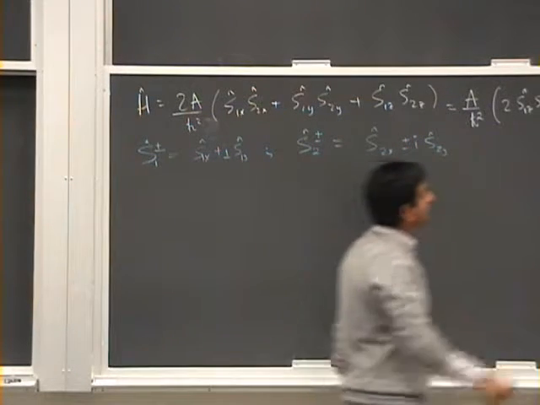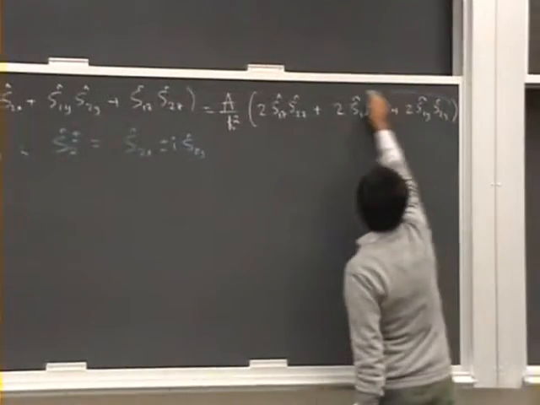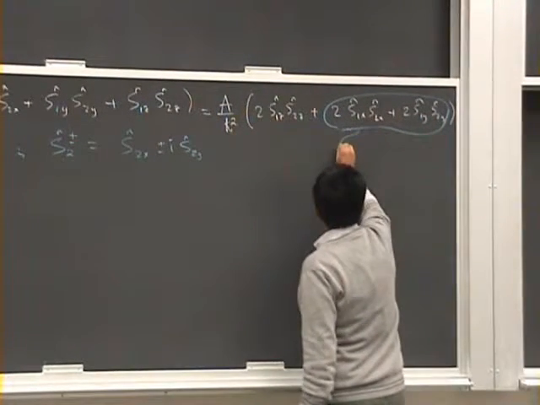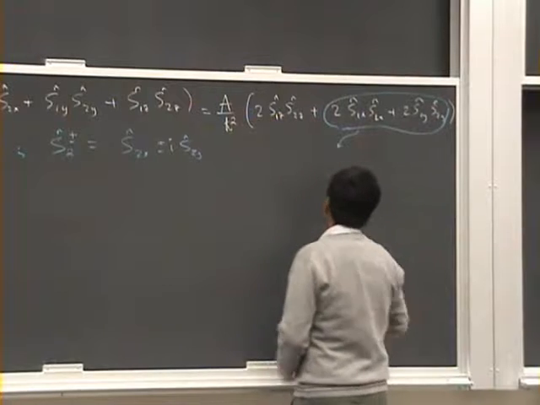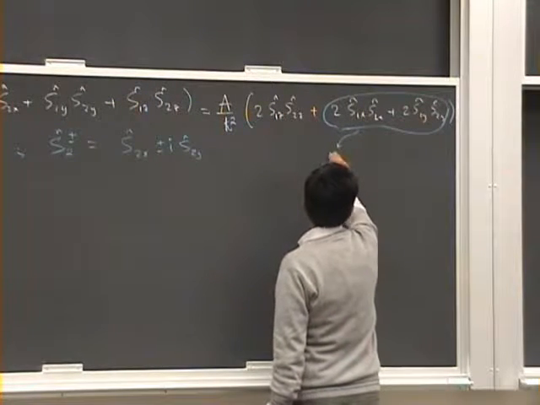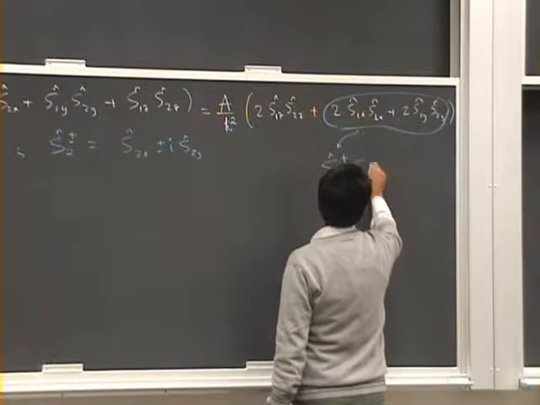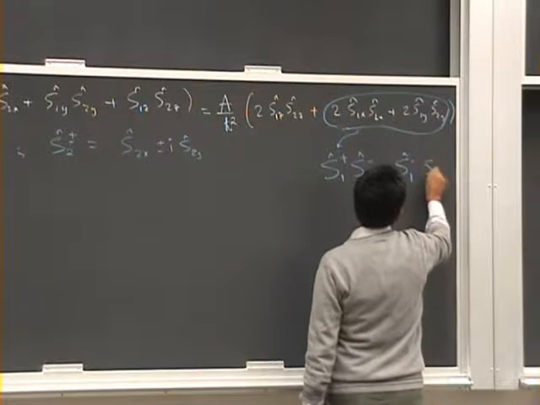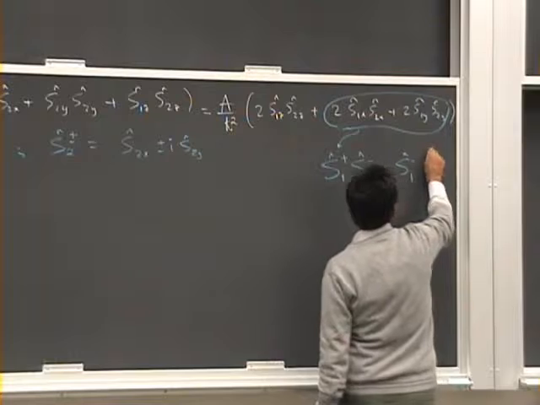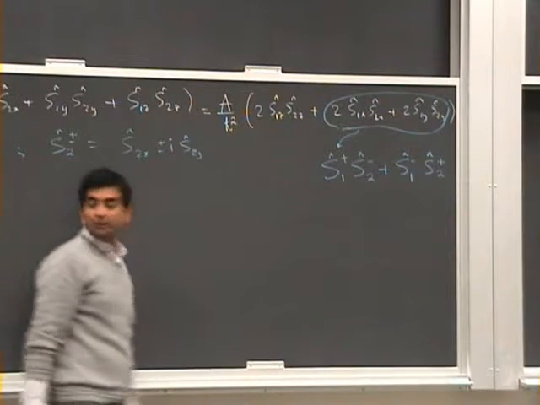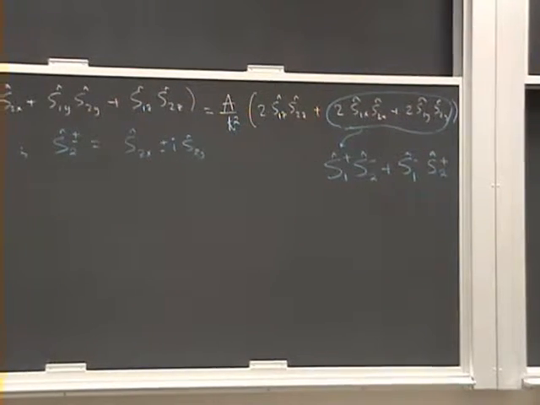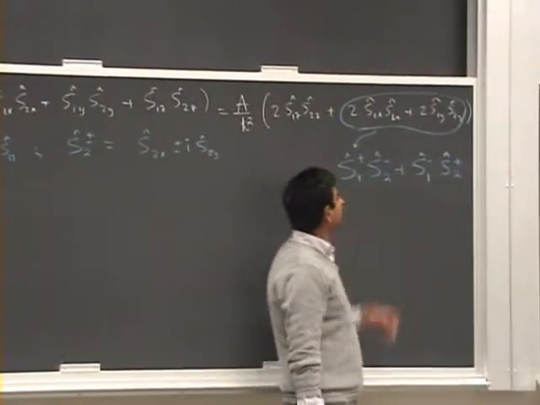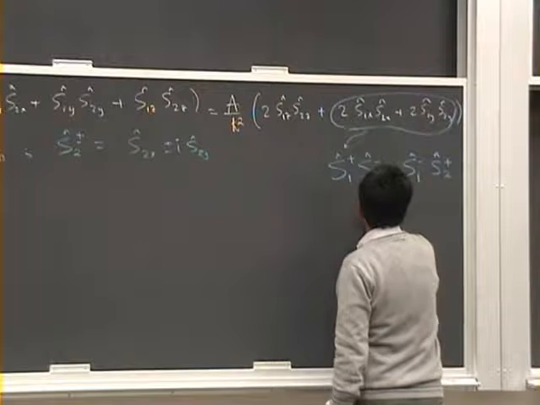Now if I look at this term, all of this can actually be replaced by S1 plus S2 minus plus S1 minus S2 plus. This is something that you can work out on your own. So these two terms in the Hamiltonian are generally called the flip-flop terms.